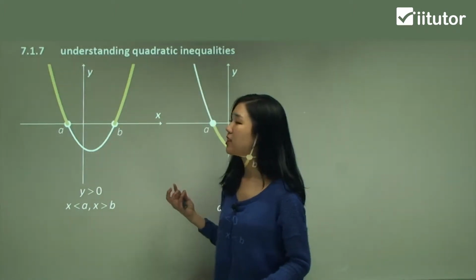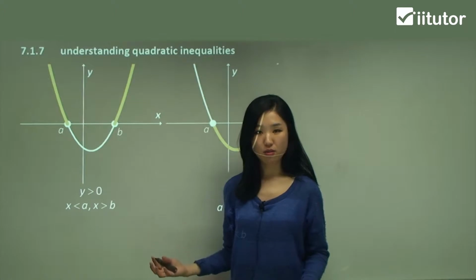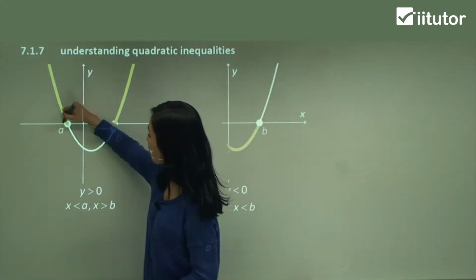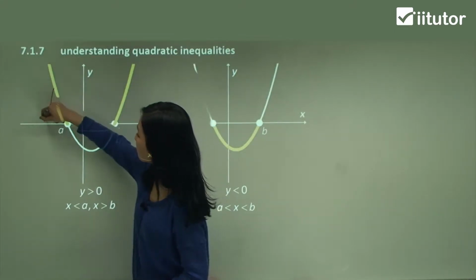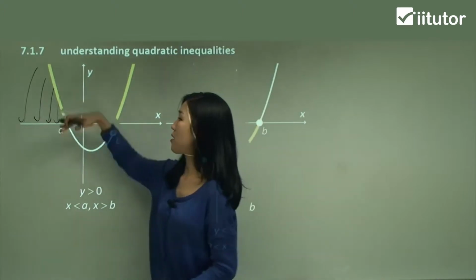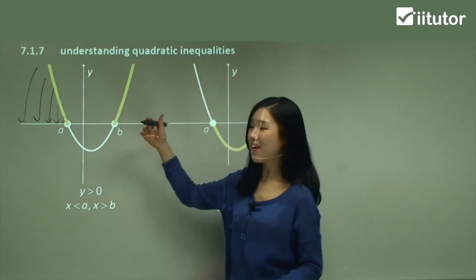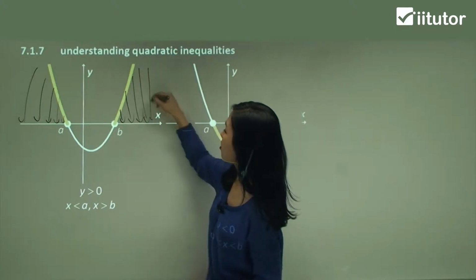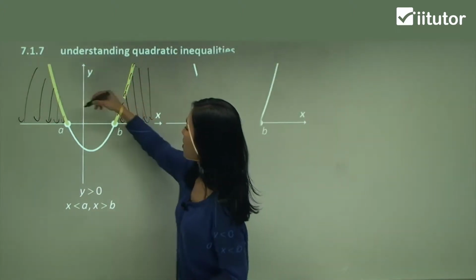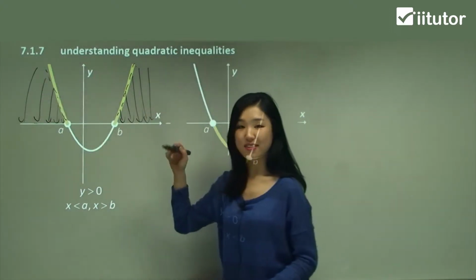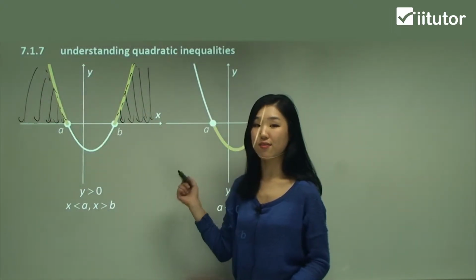Now, if I want to solve for the x values of that part of the graph where y is greater than 0, you can see that these values of the graph have these x values. They correspond to those particular x values.